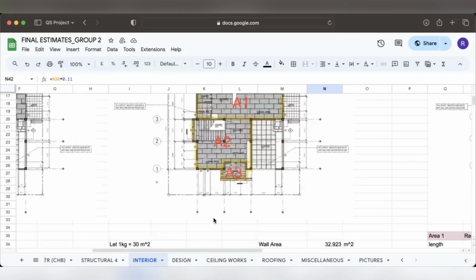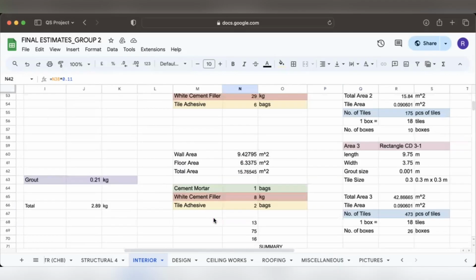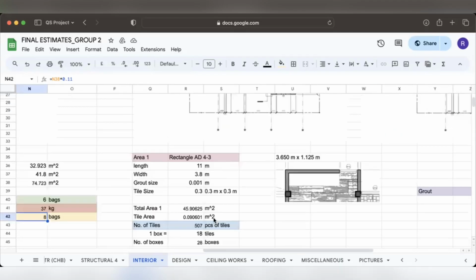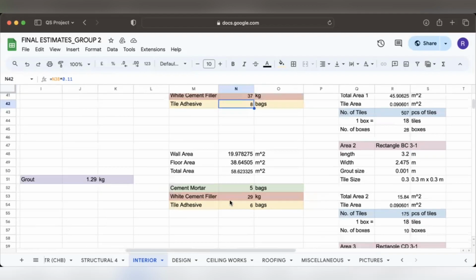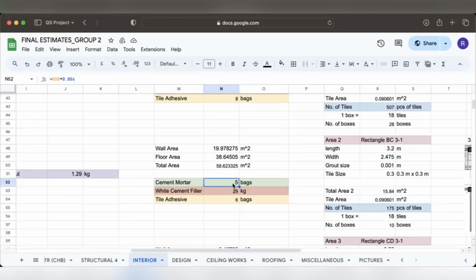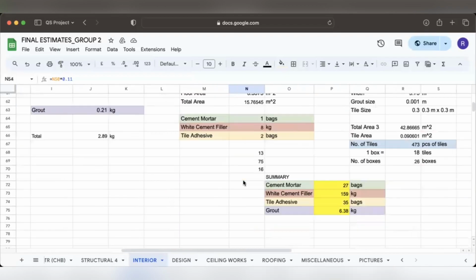for the first floor. For area 2 of the first floor, we have solved with the same process. We have 5 bags for cement mortar, 29 kilograms white cement filler, and tile adhesive of 6 bags.